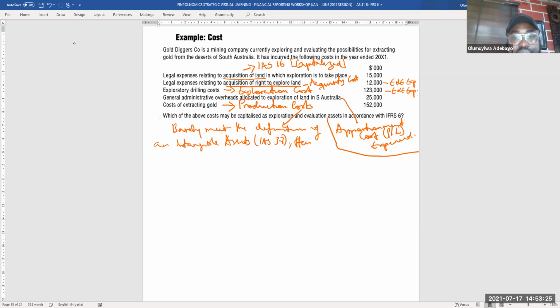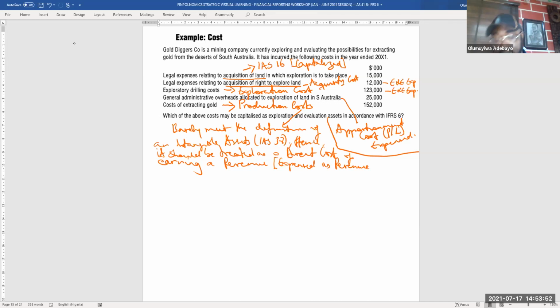Hence, it should be treated as a direct cost of earning a revenue, which means it will be expensed as revenue is recognized. Does it make sense? As revenue is recognized.